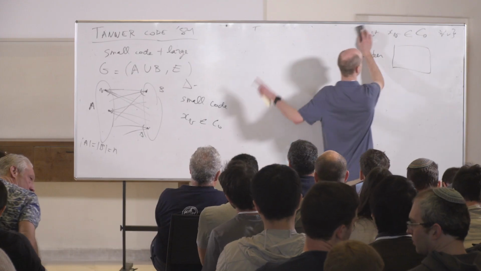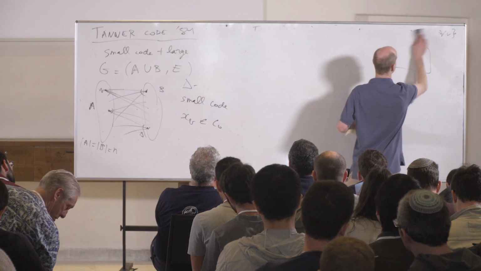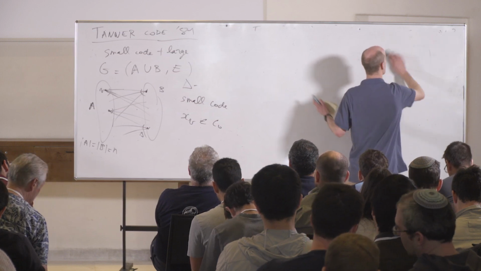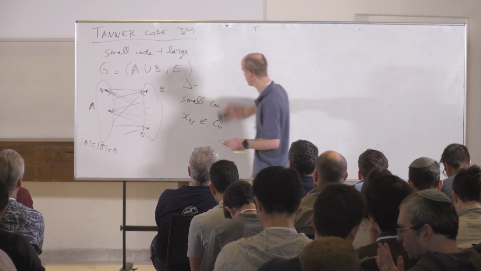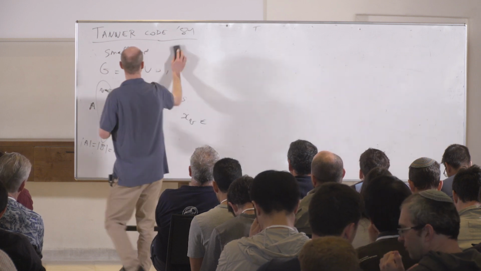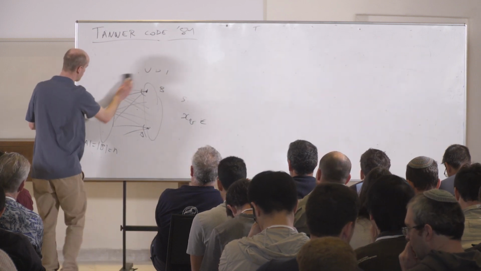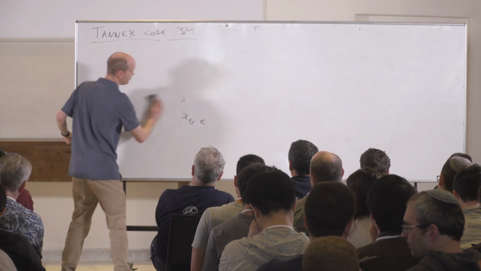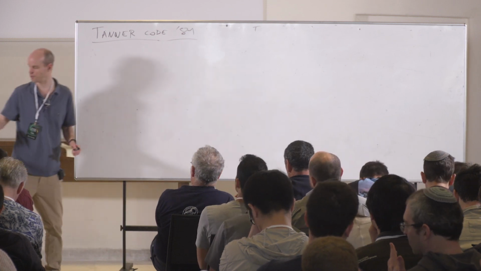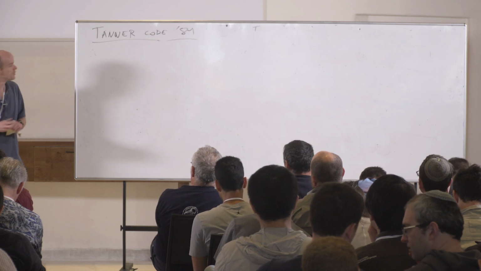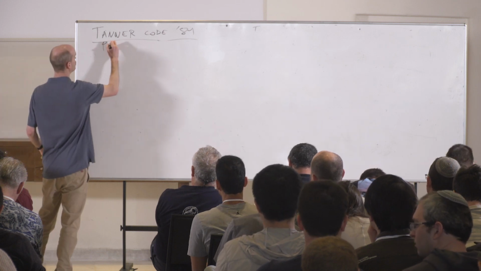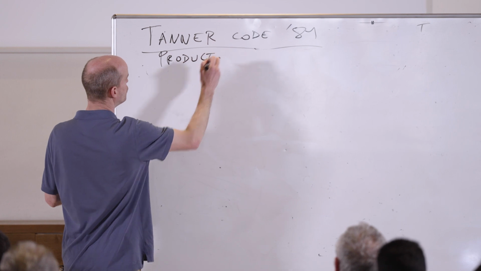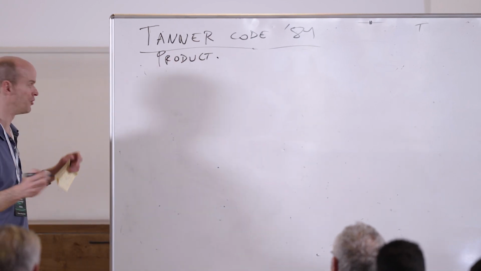I want to illustrate this with two families of Tanner codes. One will be the expander codes I was mentioning at the beginning, and this will be the second family. The first family I want to mention is called product codes, because I will need those two things for the quantum case. As I said, I need a graph and a small code.